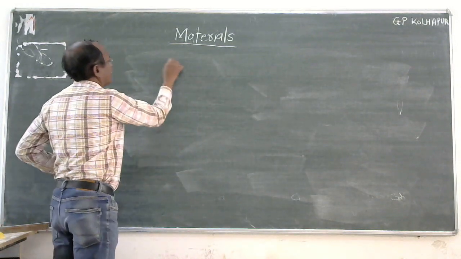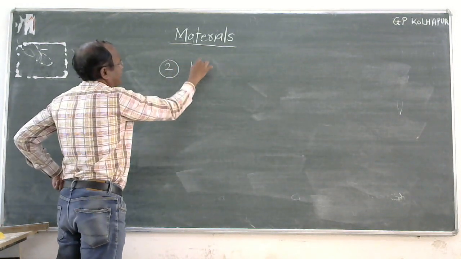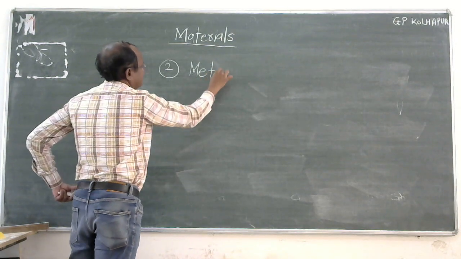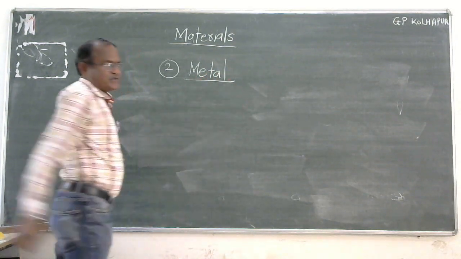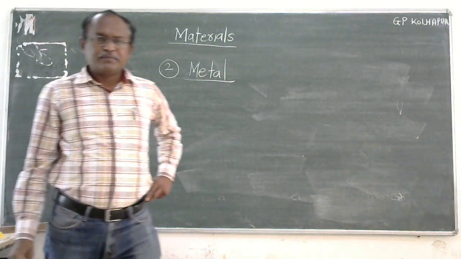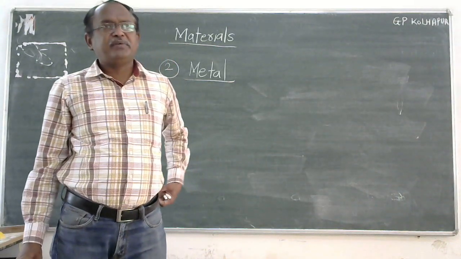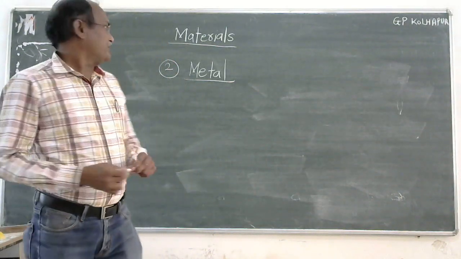Now let's go to another pattern material, metal. Metal is used for large quantity production. Metal is used as a pattern material.